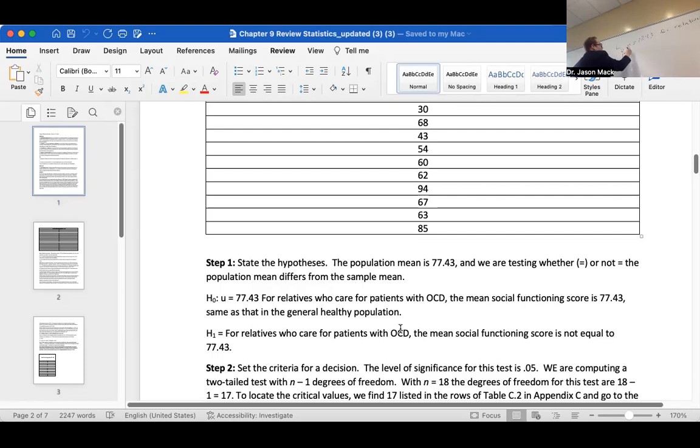The mean social functioning score is the same as that in the general healthy population.